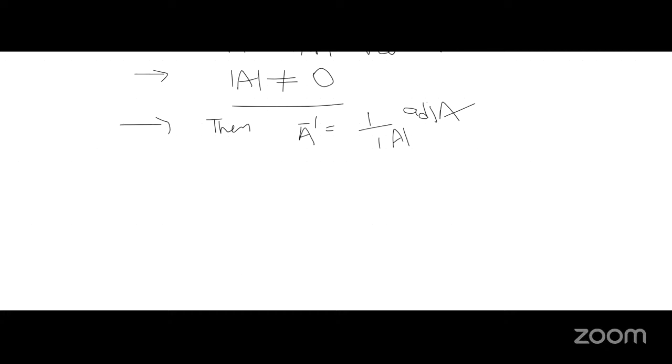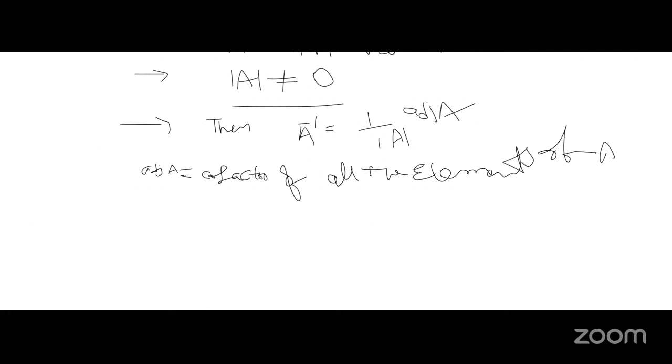We need to find the minor of the matrix, Mij. We need to find the cofactors of the elements of A, which is called the adjoint of A. So the adjoint of A is the matrix of cofactors of all the elements of A. So we need to find the cofactors of our matrix.